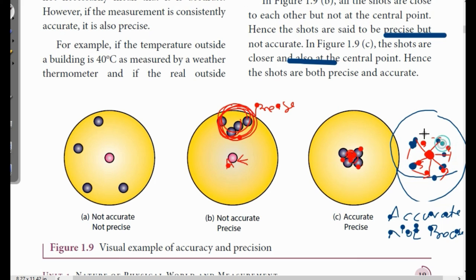Only when there is closeness among the first attempt, second attempt, third attempt will it be called precise. When there is no consistency in the attempts, it will be called not precise. But still it is called accurate because it is closer to the target. So I hope you will be able to understand this.